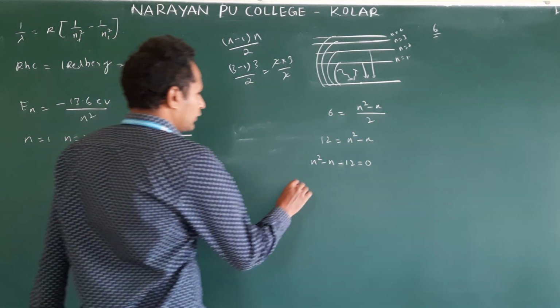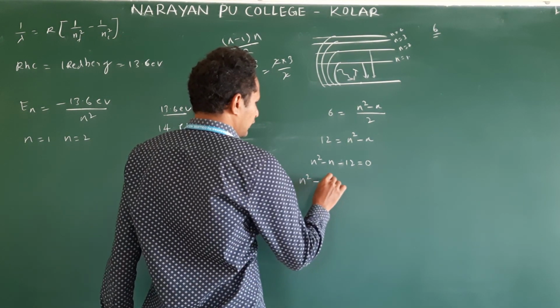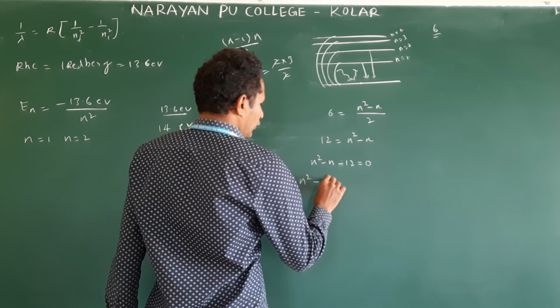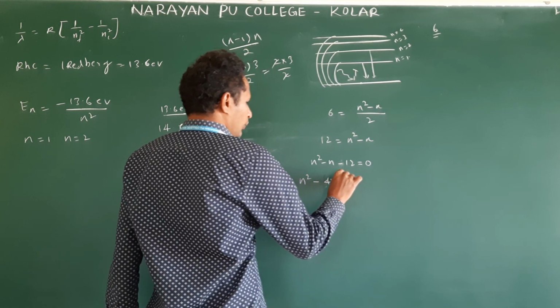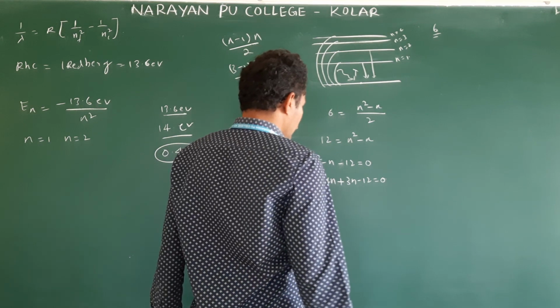Then n squared minus 4n plus 3n minus 12 is equal to 0.